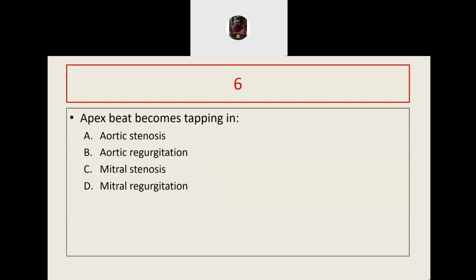We'll now start with the next section, which is on the examination of the apical impulse or apex beat. Before we start the discussion, let's solve the questions. Apex beat becomes tapping in. Next question. Apex beat becomes forceful and well sustained in.